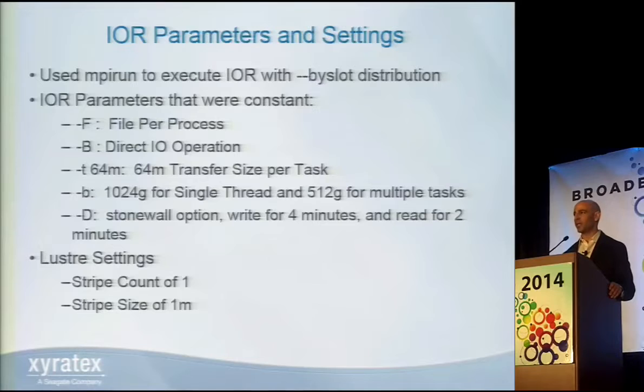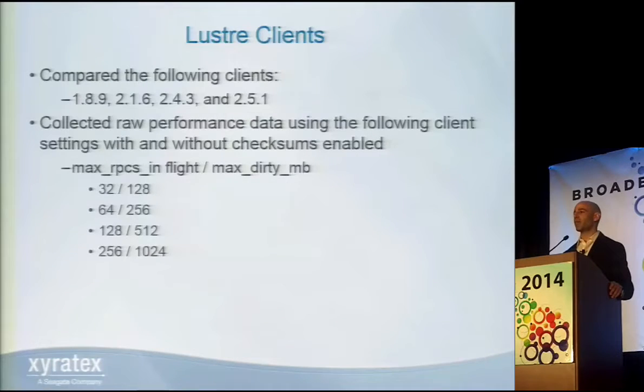The Lustre settings I used for the output of the data were a stripe count of 1 and a stripe size of 1 megabyte. The 4 client versions I compared were 1.8.9, 2.1.6, 2.4.3, and 2.5.1. The methodology was that we enabled and disabled checksums, and each time we ran through the same iterations of the client tuning parameters of max RPCs in flight and max dirty MBs.